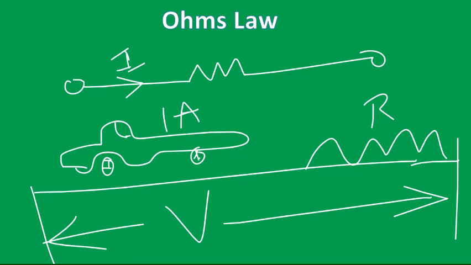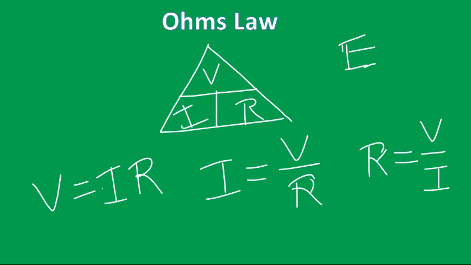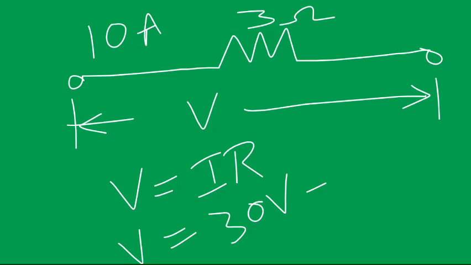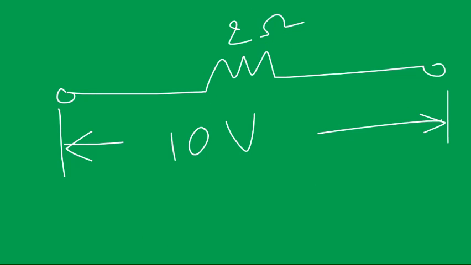So what are we left with? We covered voltage, we covered resistance, and now we are considering current. We have been given the voltage 10 volts and the resistance 2 ohms.